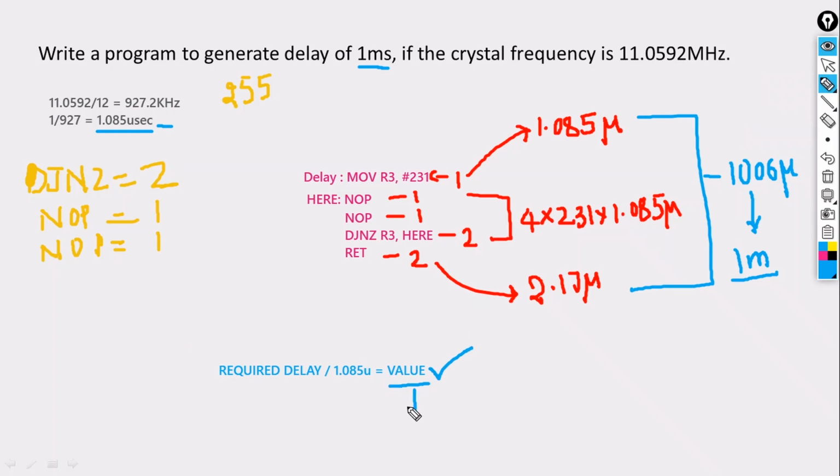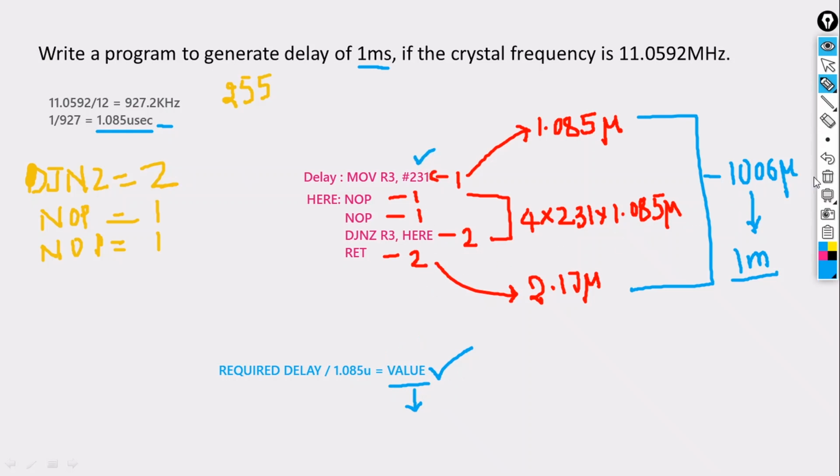How many machine cycles, how many DJNZ I need to include, how many no operations I need to include, based on that we get this count value. That count, based on these operations, I'm going to put into my register.